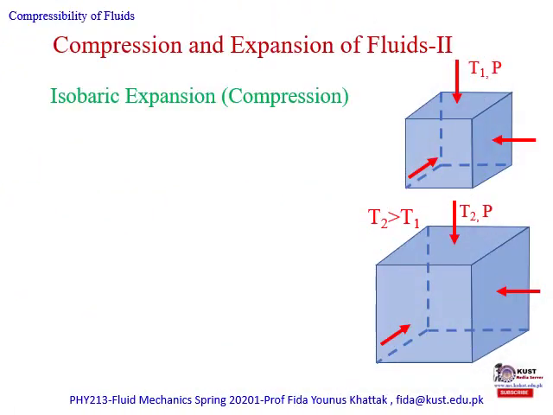At constant pressure, that is the isobaric expansion or compression, you have a fluid body which is at a certain pressure P and temperature T1. When you increase the temperature from T1 to T2 while keeping the pressure constant at P, you have basically increased the volume from some initial value V1 to V2.